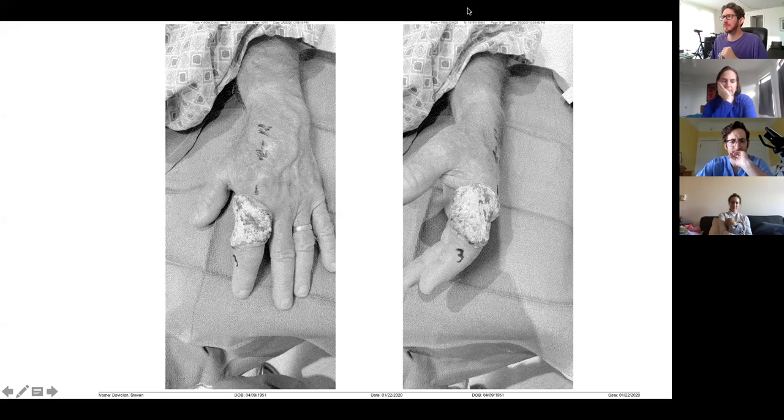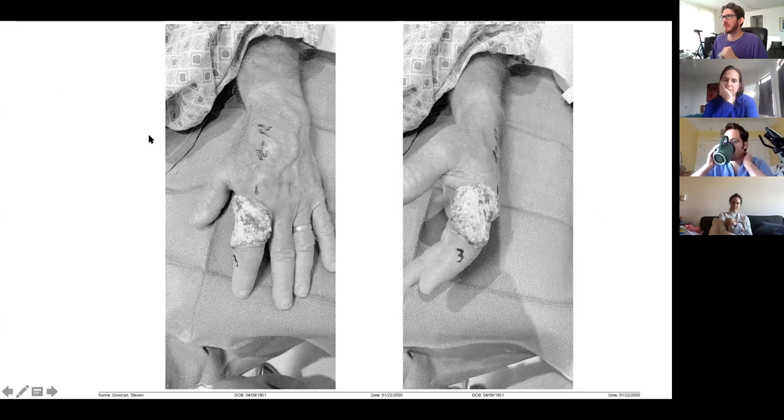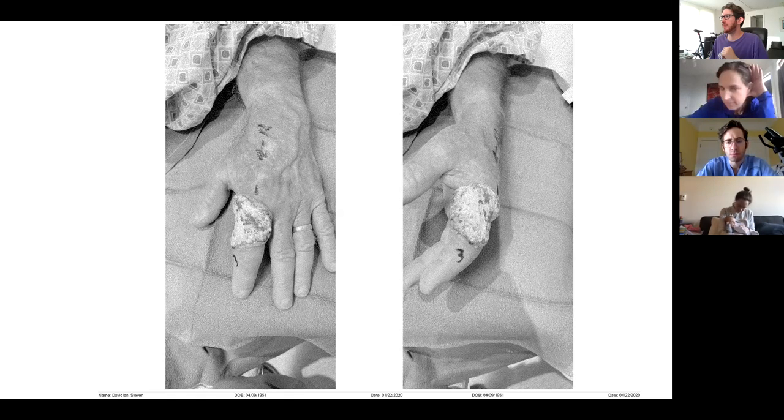So of our interns, Sergio, can you tell me what you see here? Fungating mass on the index finger. Kind of looks like it involves the PIP joint, and it looks circumferential there, but I can't really tell because I can't see the ulnar side. Yeah. So what kind of structures are you worried about involving there?